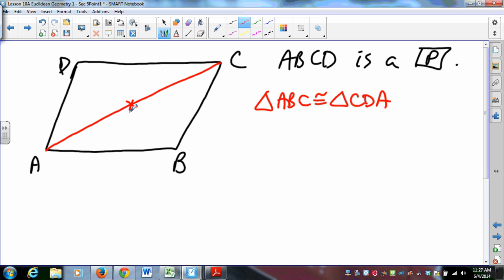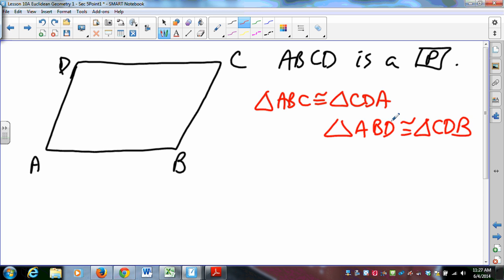AC is congruent to itself. Both pairs of opposite sides are parallel, so DA parallel to BC gives one pair of alternate interior angles, and DC parallel to AB is the other pair. And so those two triangles are congruent by angle side angle. It should also be noted that triangle ABD is congruent to triangle CDB, just drawing the other diagonal.